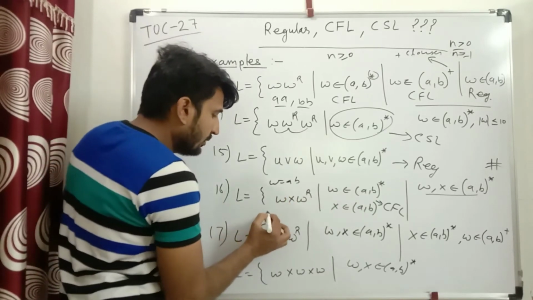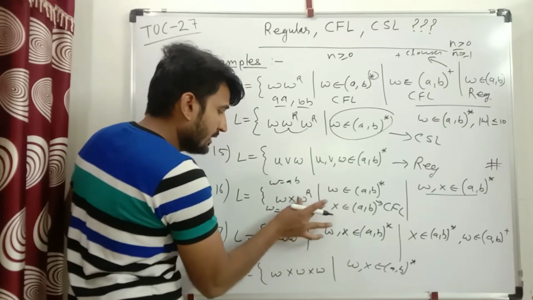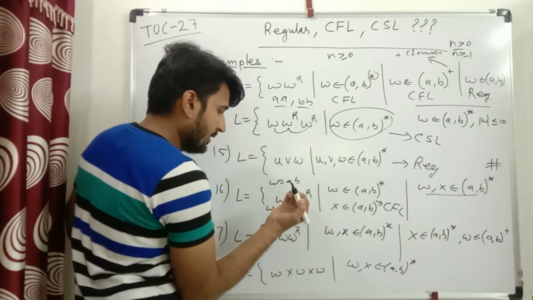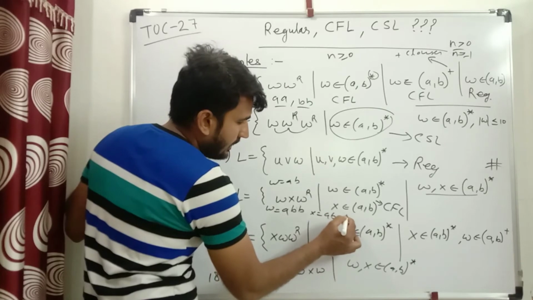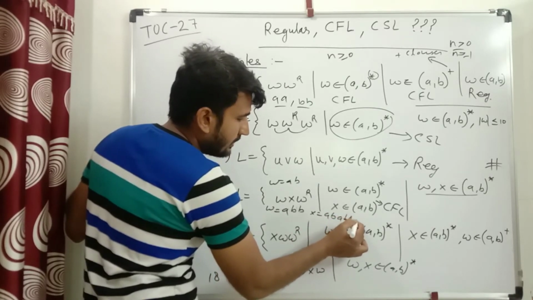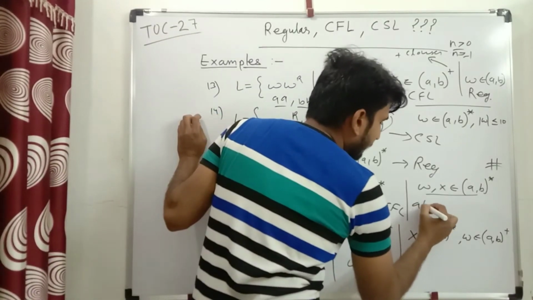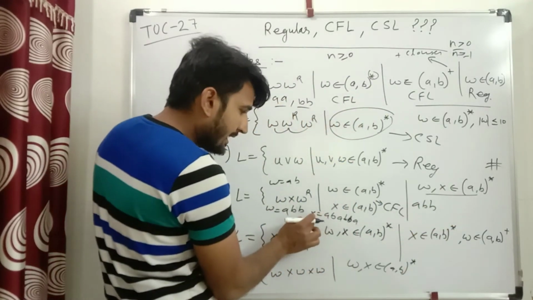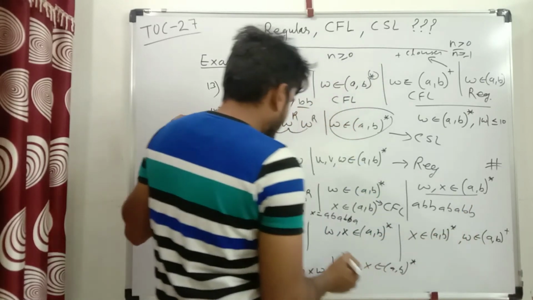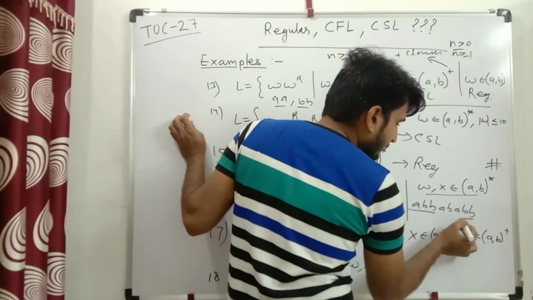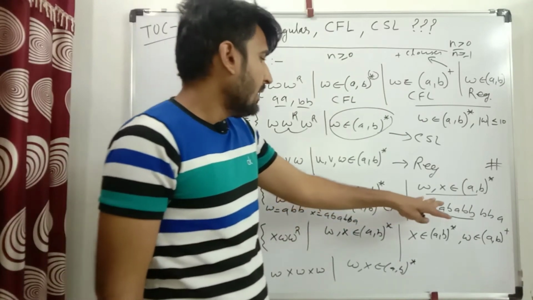For example, W equals abb. And X equals ab. And W^R is bba.